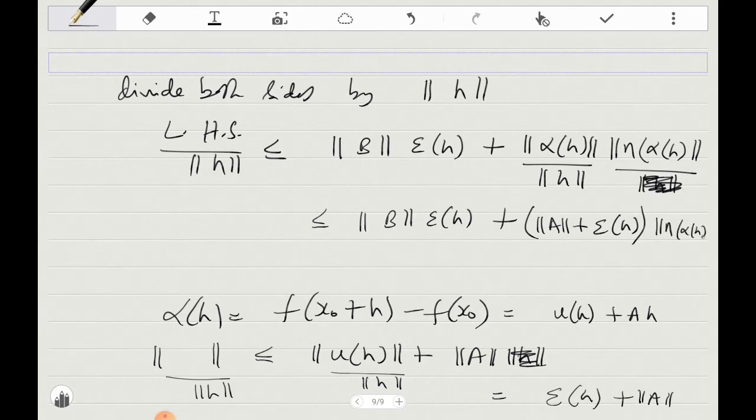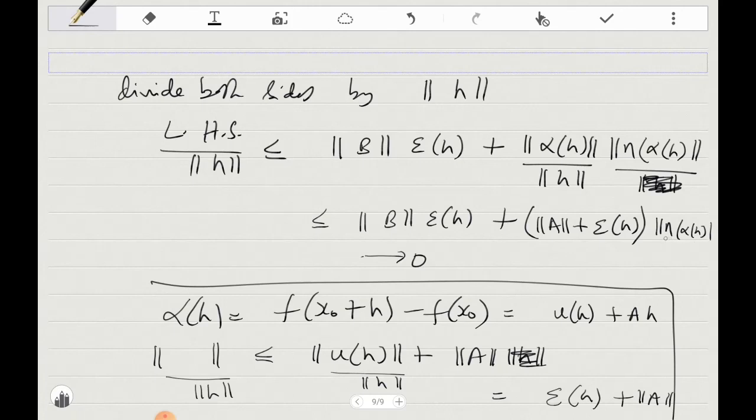So this goes to 0, and the norm A plus epsilon H doesn't go to 0, it just goes to norm A, but then there is this eta here, eta of alpha of H. As H goes to 0, alpha H will also go to 0, by continuity of f, and therefore eta will also go to 0. So the whole thing will go to 0. So that completes the proof.